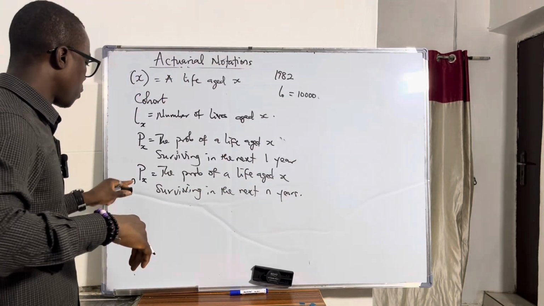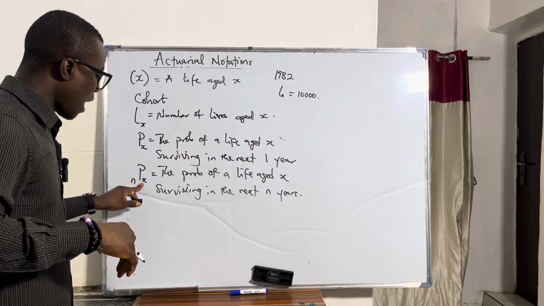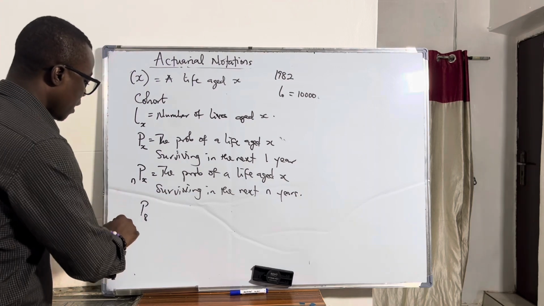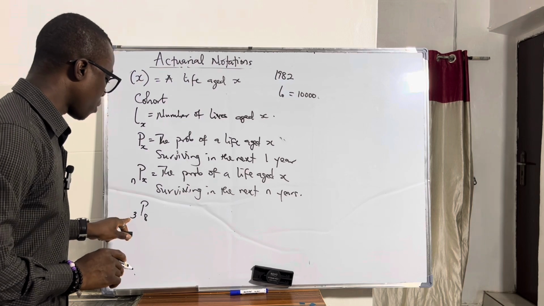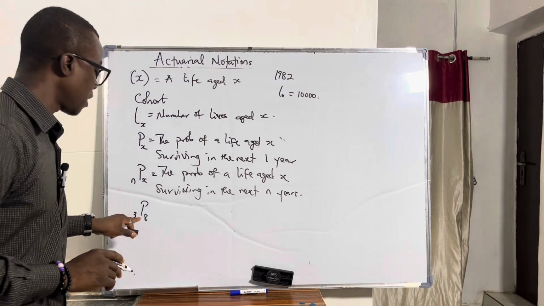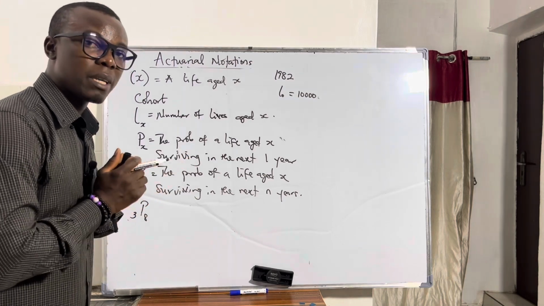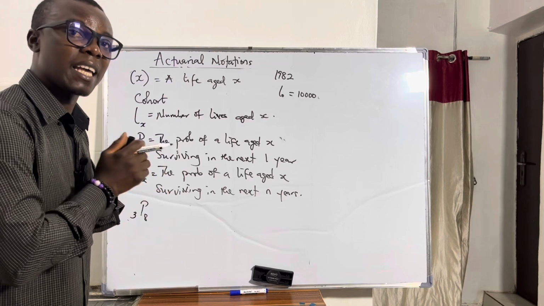So now, what's the probability that a life aged 8 will survive in the next 3 years? We are going to look at how many lives we have that are 8 years.